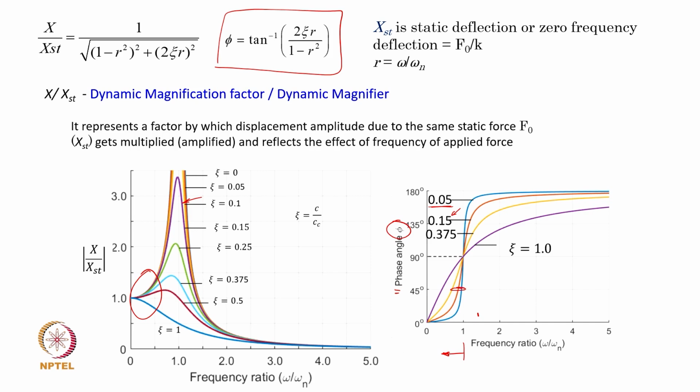Okay. So, for the values of the damping up to 0.15 or so, in the region below the critical speed, the angles are less than 45 degrees. In fact, theoretically in the entire range of r from 0 to 1, the angles are less than 90 degrees. Okay. So, the phase angle is less than pi by 2 before resonance, and generally for a low damping case it is less than 30, 40 or so. Okay. Small value.